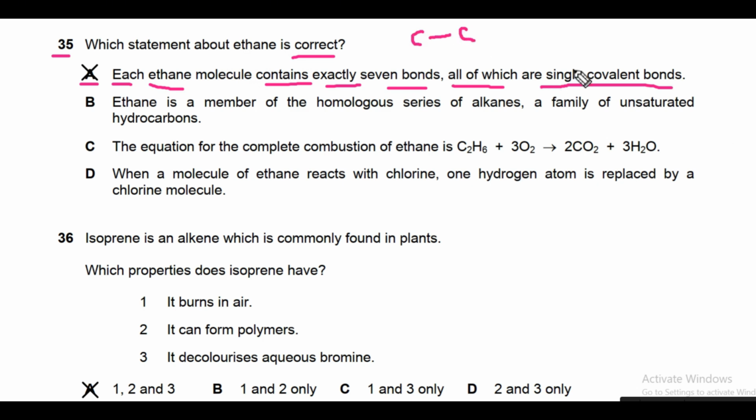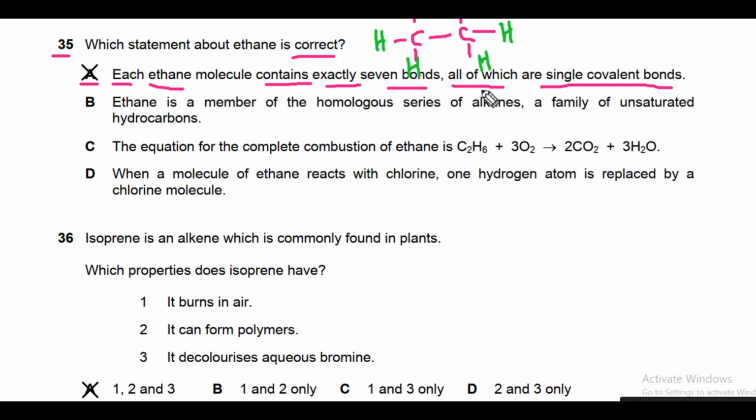2 carbon containing. This is the ethane, here hydrogen, hydrogen, hydrogen, hydrogen.